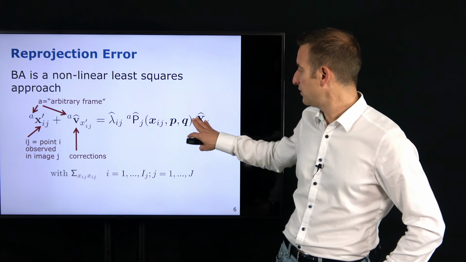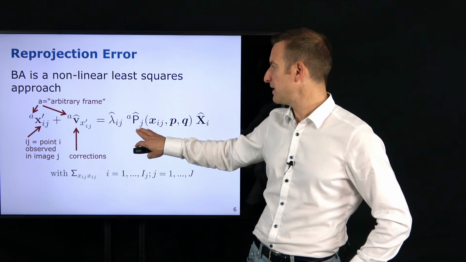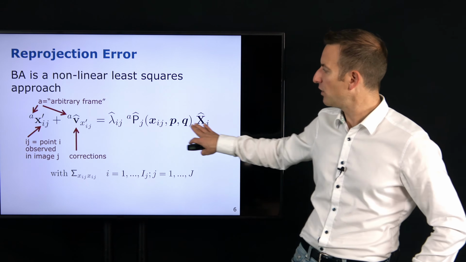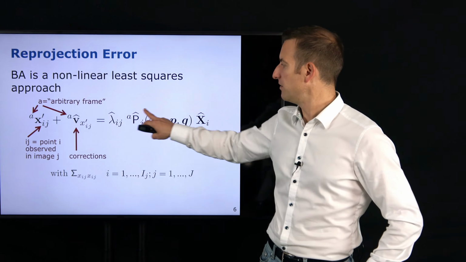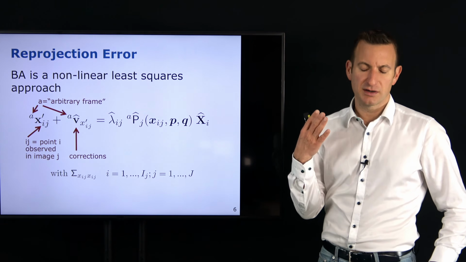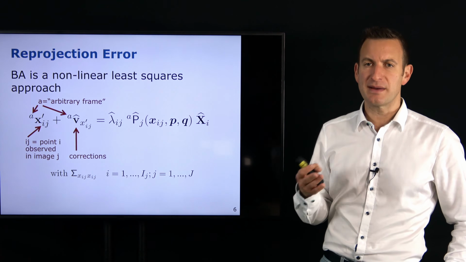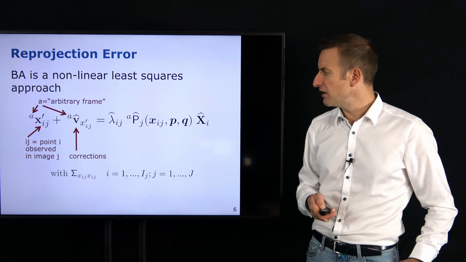Then what we have over here is the 3D coordinate of the point in the world, point i, and the projection matrix of camera j that projects the point i in camera image j to the image plane. This matrix involves a couple of nonlinear parameters, the nonlinear calibration parameters, as well as the orientation parameters that need to be taken into account.